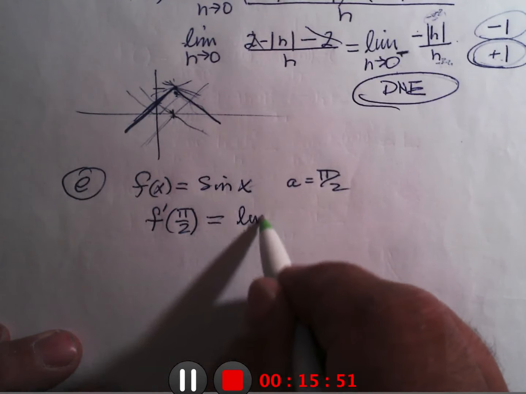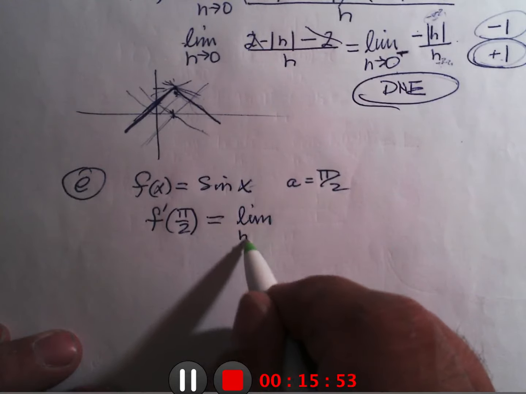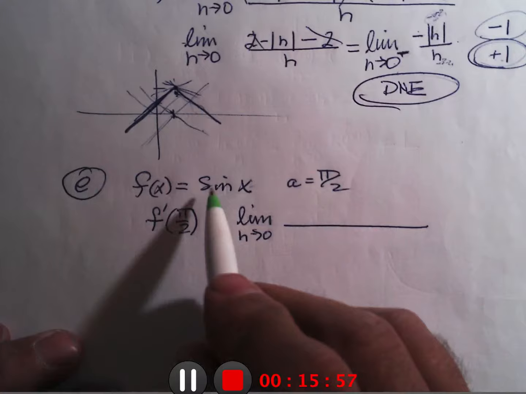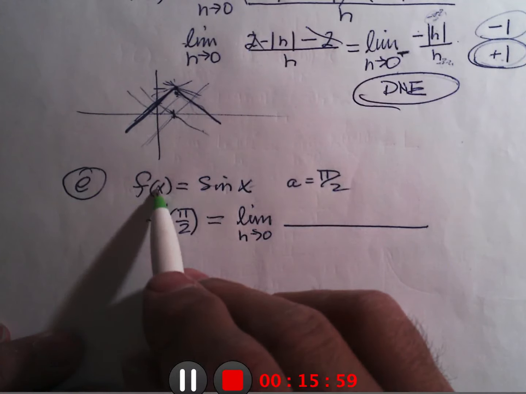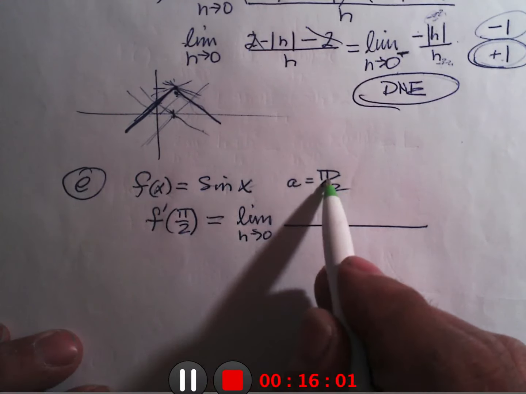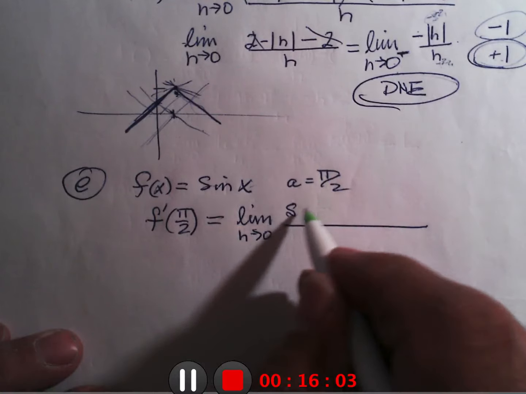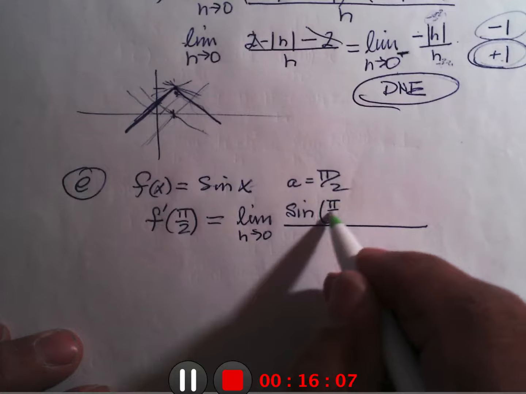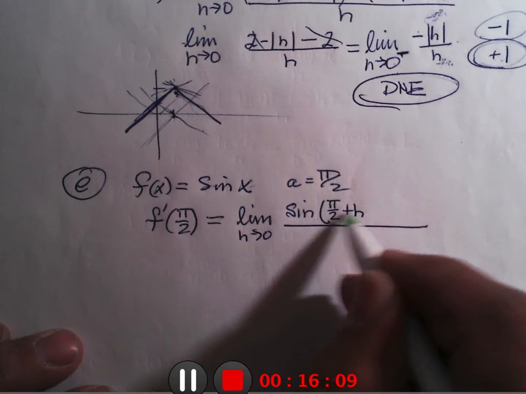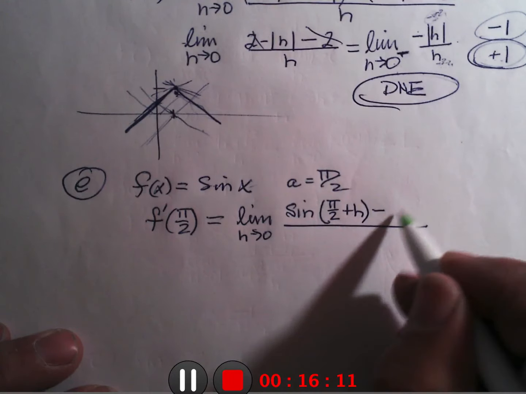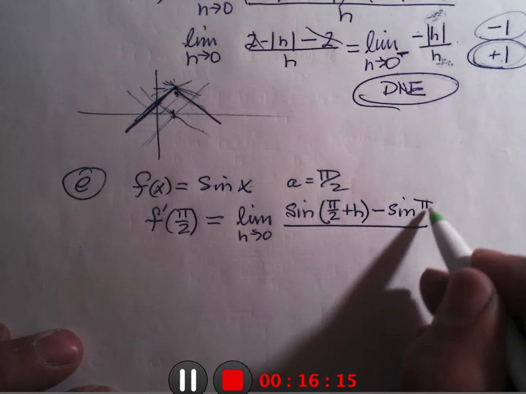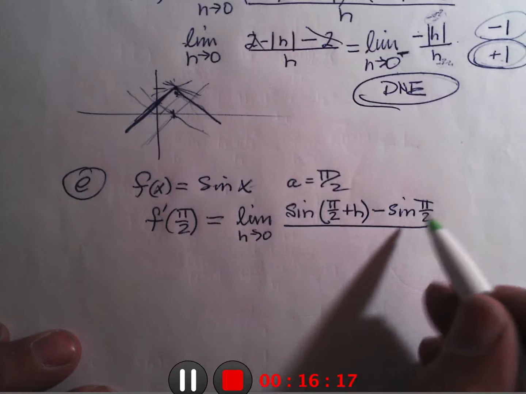The limit as h approaches 0 of the function f of a plus h, so this is going to be the sine of pi over 2 plus h, minus the sine of a, f of a, over h.